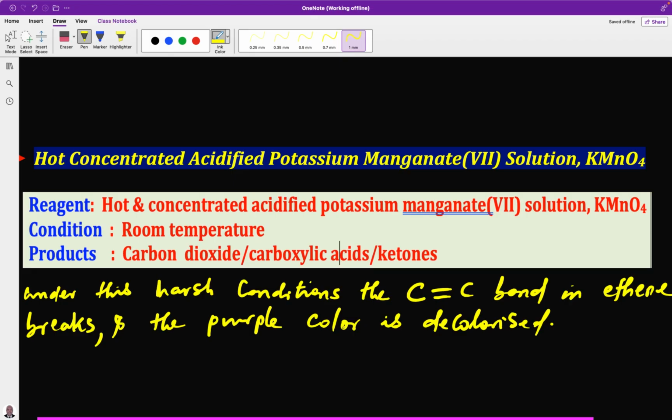But the product formed will depend on the position of the carbon-carbon bond.